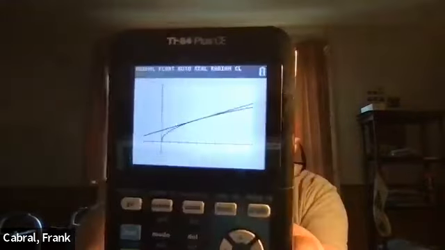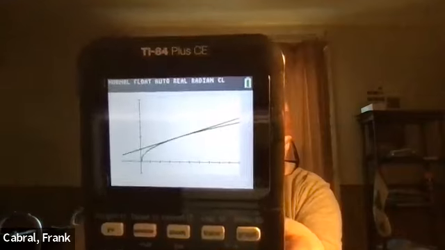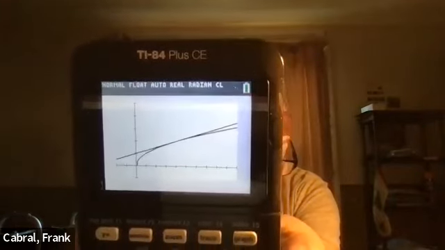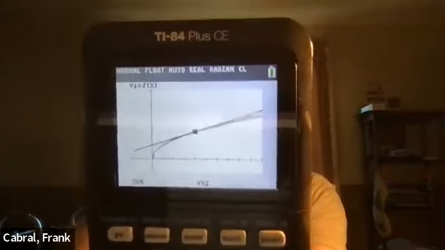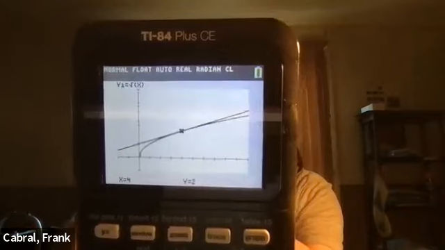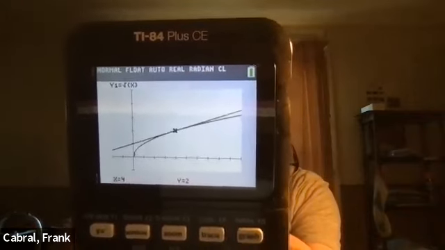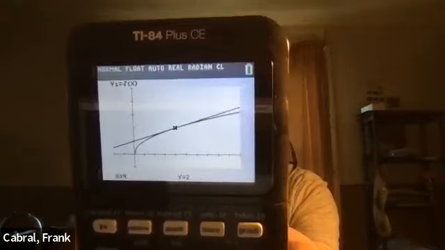Okay, so there's my graph of the equation square root of x, and there's my graph of the tangent line that I just found, 1/4 x plus 1. Now, we can't tell by looking at the picture of this whether it's tangent, but I can calculate the value of the function at a equals 4, which is x equals 4. So I'm going to go second calc value at 4. And we can see that for both the line and the square root of x, that it passes through that same point. So it is in fact tangent there.